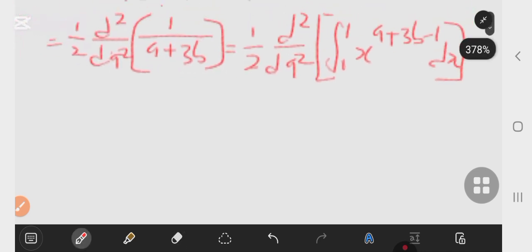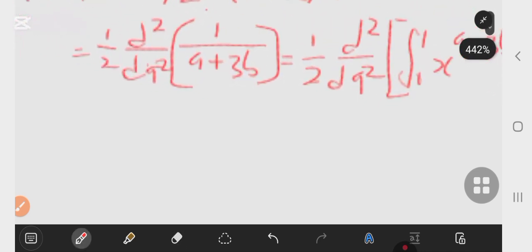At first, let me still continue by writing these things down.